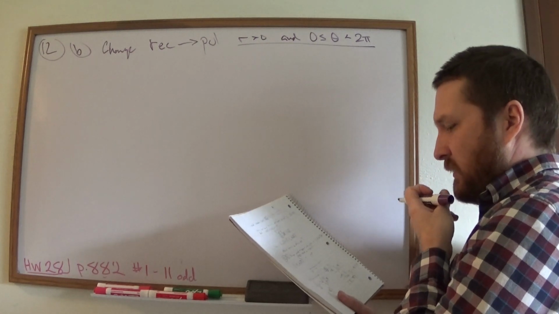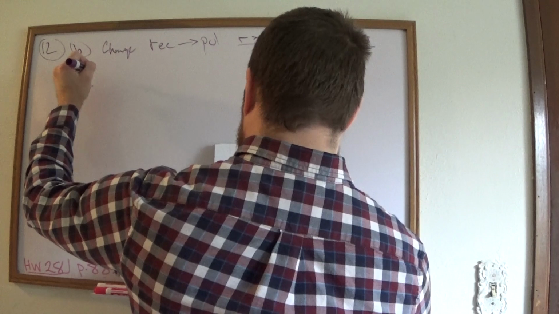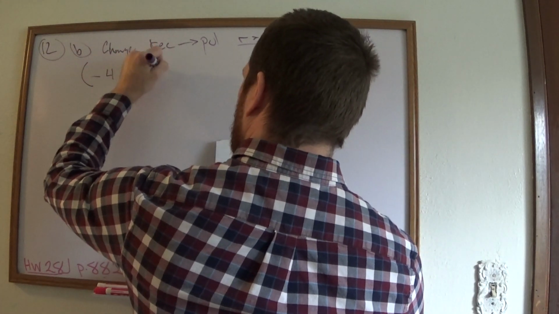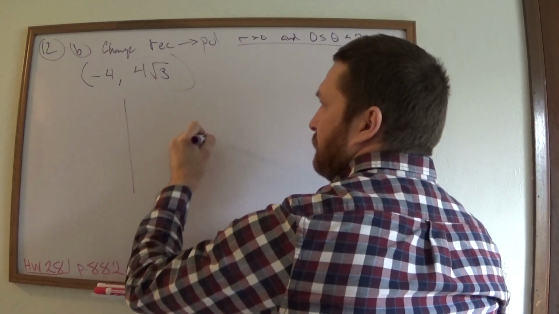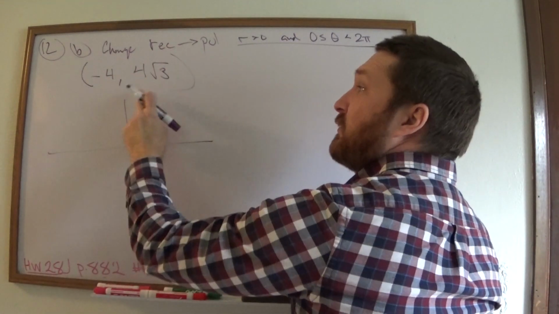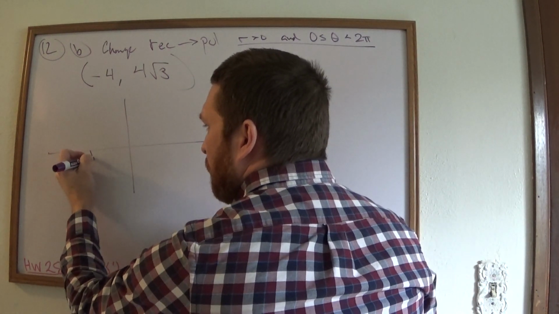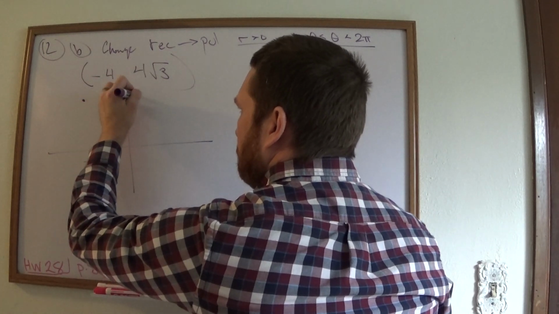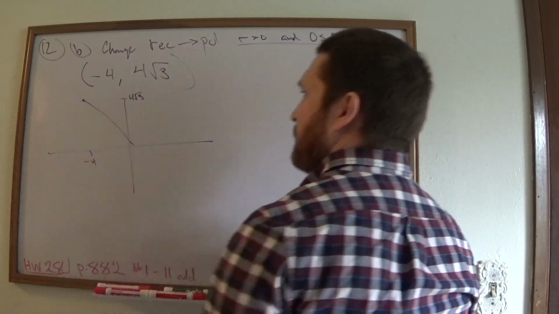Now there is one unique way to write this. The point we're looking for is (-4, 4 root 3). So the first thing I'm going to do is graph it. It's a rectangular coordinate, so this is easy. Minus 4, up to 4 root 3. That's terrible.